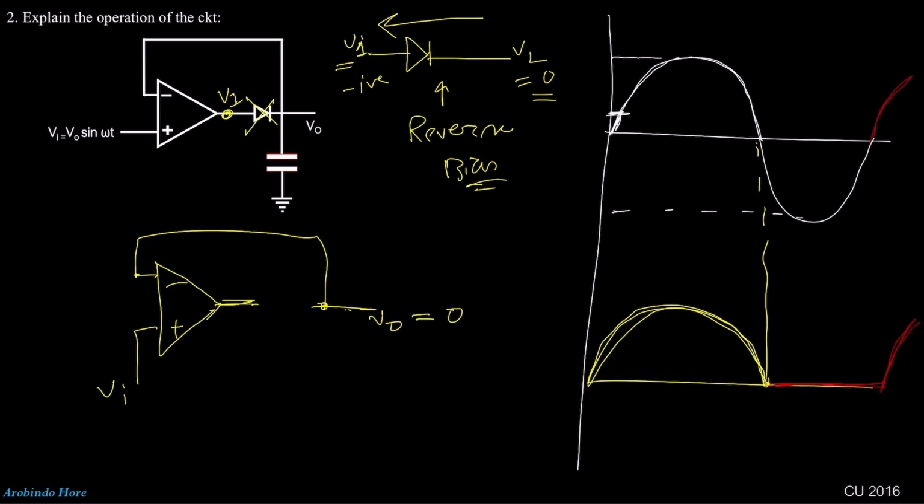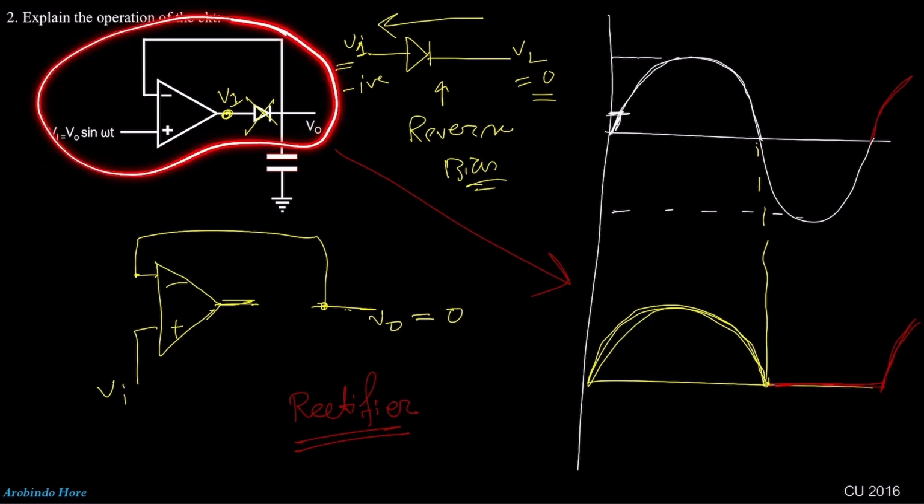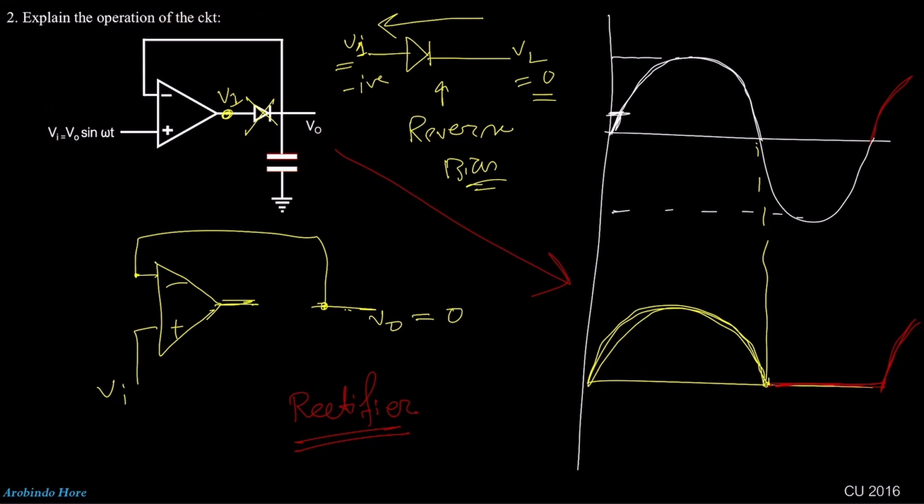So this will repeat. That means this circuit will act as a half wave rectifier. So now you already understand the working of this particular area without any capacitor, and this part of the circuit gives us a half wave rectifier.